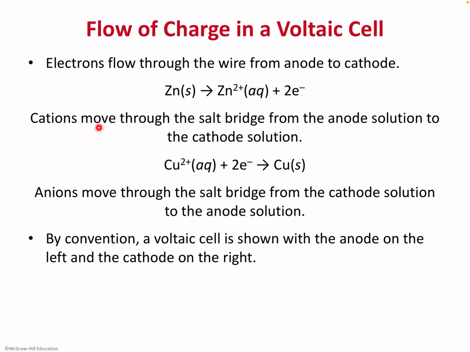Cations move through the salt bridge from the anode solution to the cathode solution. Anions move through the salt bridge from the cathode solution to the anode solution. Just like I explained in the previous slide, to balance the electrolytes in the two solutions. By convention, a voltaic cell is shown with the anode on the left and the cathode on the right.